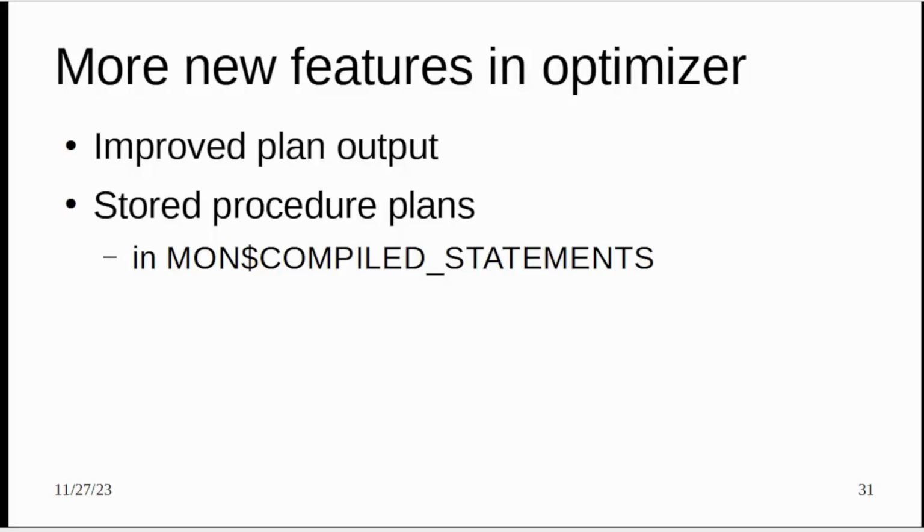But in Firebird 5 appeared a good way to see the plan for a stored procedure inside the monitoring table of non-compiled statements. The details and an example of how to do it are also in the article.